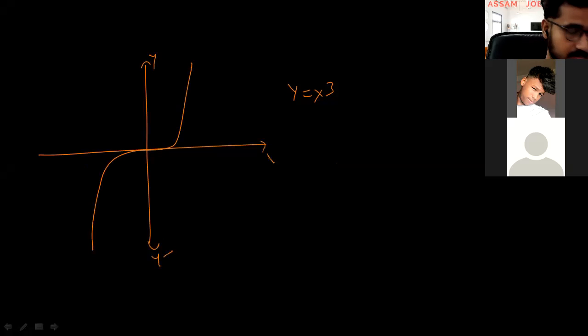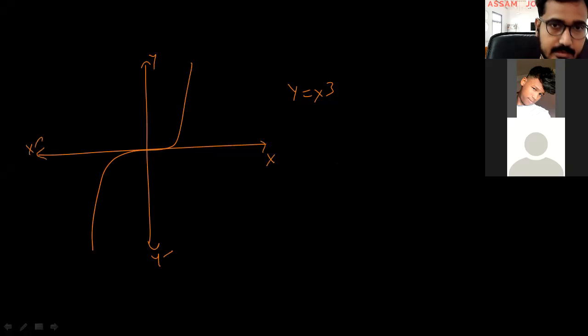The polynomial is this one, y equal to x cube. Look at the graph carefully. It is like this, with y dash, x and x dash.